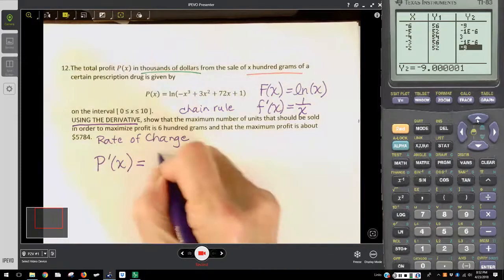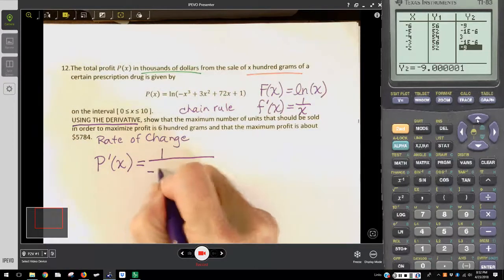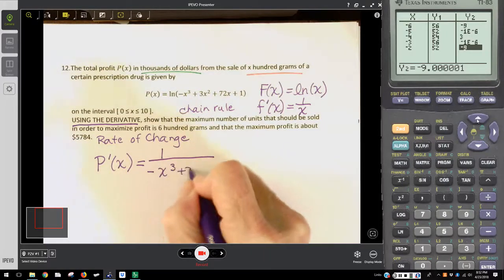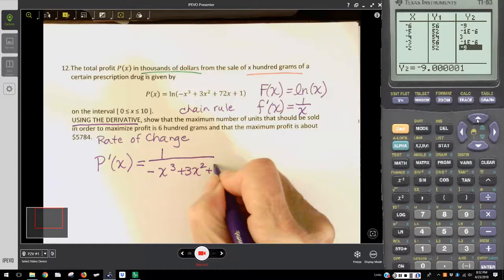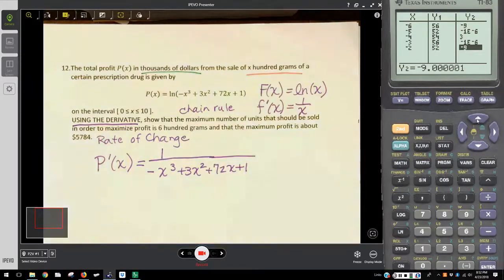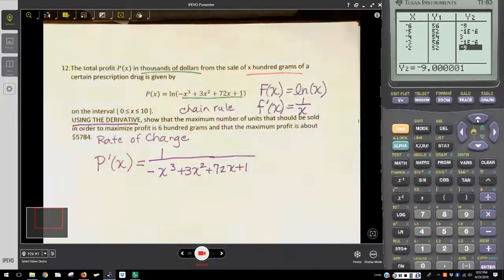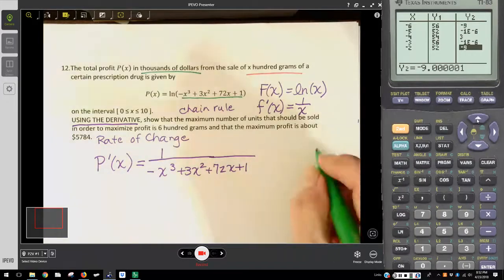So the derivative is 1 over the original function, negative x cubed plus 3x squared plus 72x plus 1, times the derivative of what's being taken the natural log of. So we need its derivative as well.